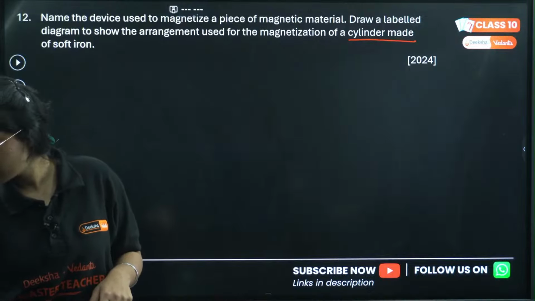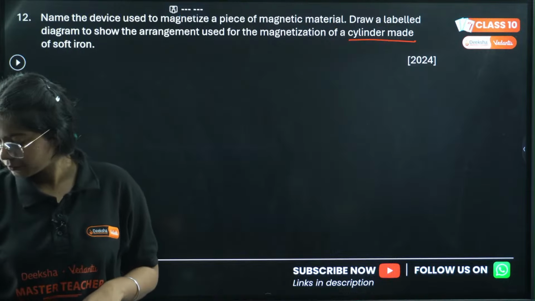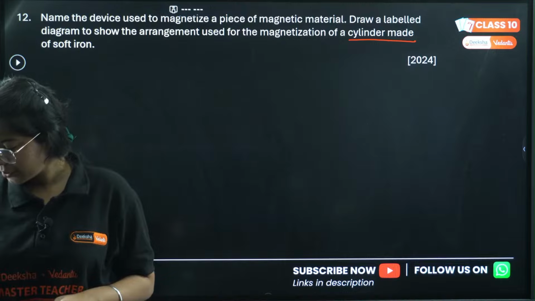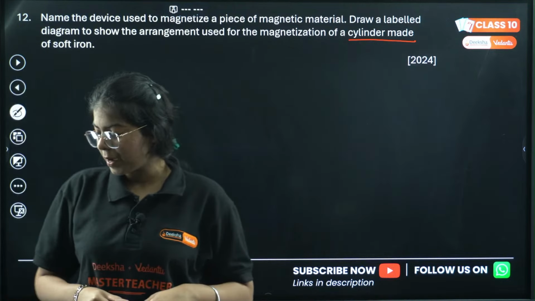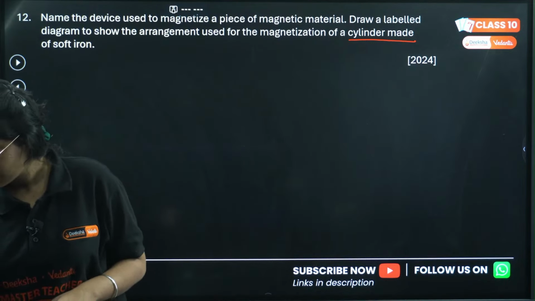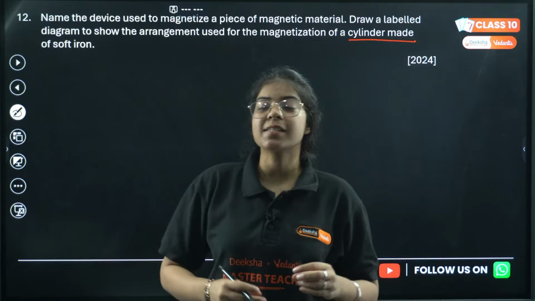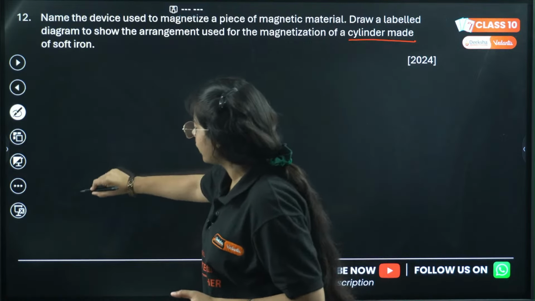Solenoid. Who said solenoid? Amit is also saying solenoid. So all of you are spamming now. Okay, so it is correct. The device, now we know we have a solenoid.